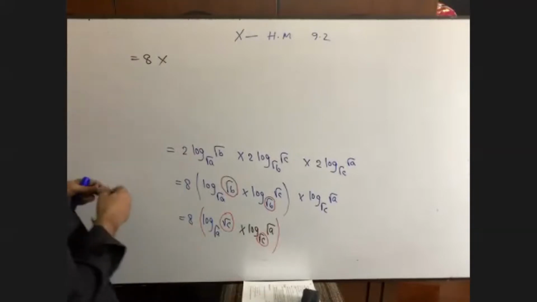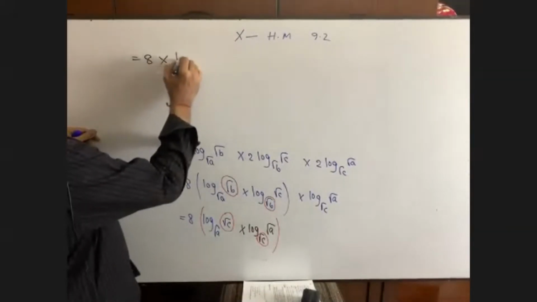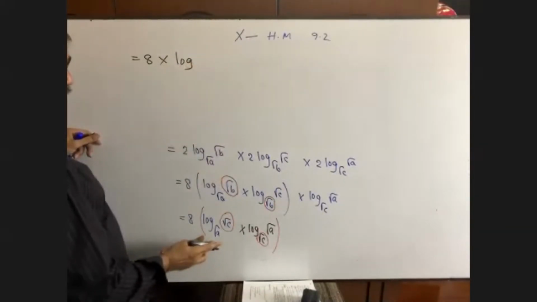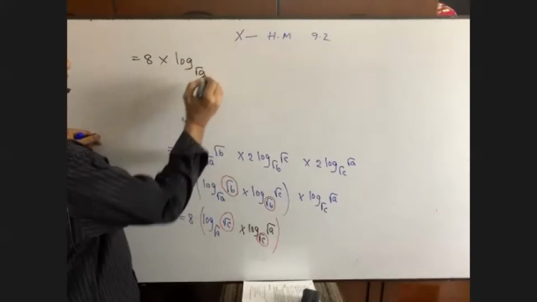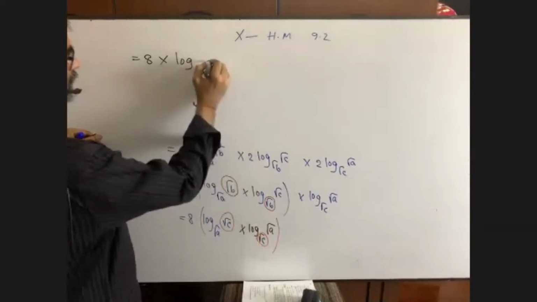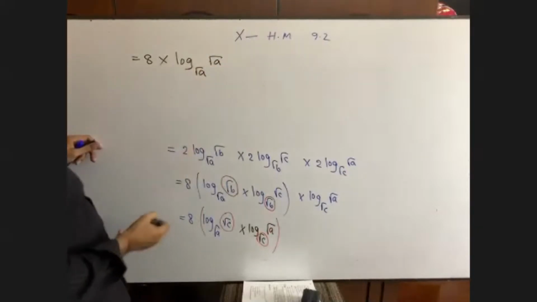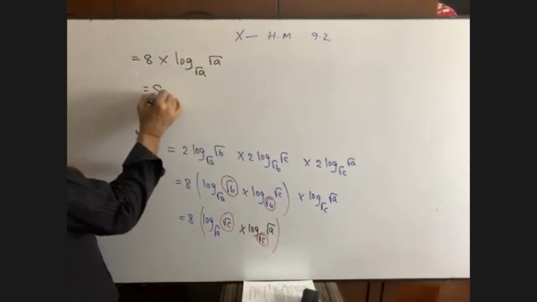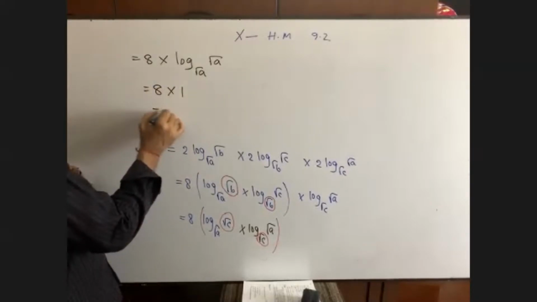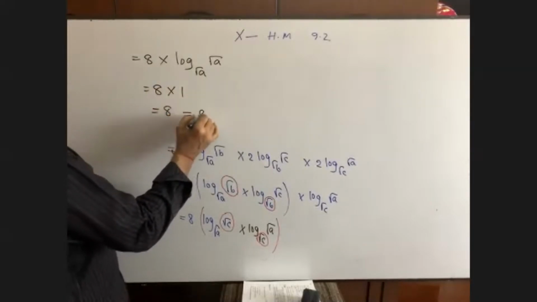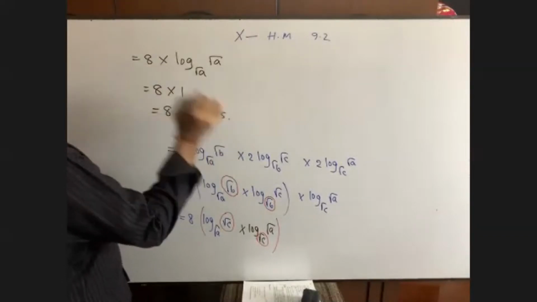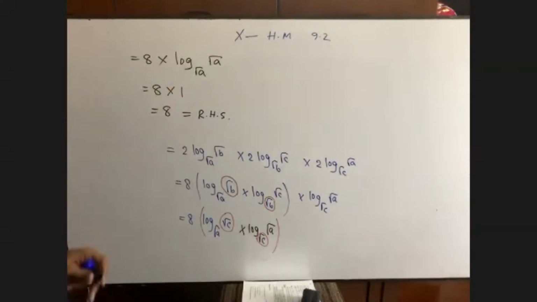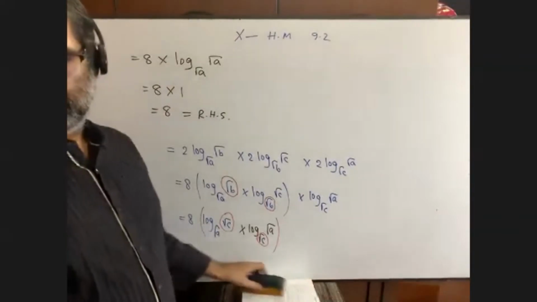So we are left with 8 log base root A is a base here, and here this is root A, this is root A. And we know log A base A equals to 1, so it is wholly and fully equals to 1. So 8 into 1 is equal to 8 equals to right hand side. Please talk to me if you fail to understand. But this is given in the examination. Okay.